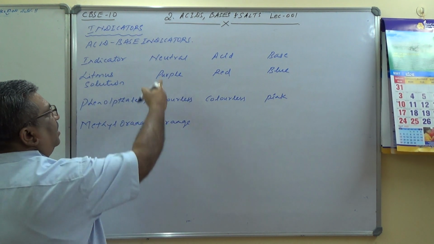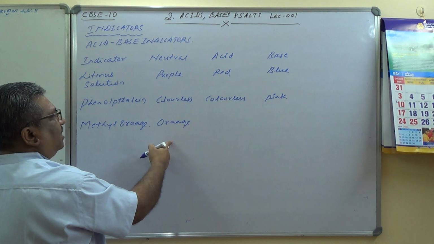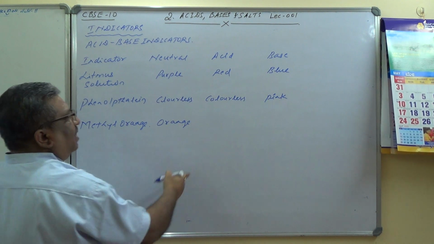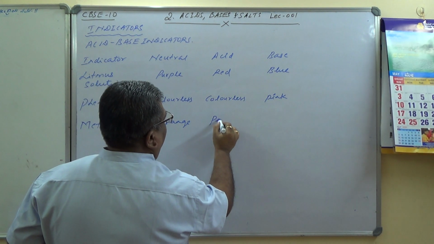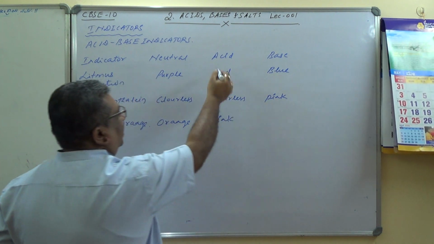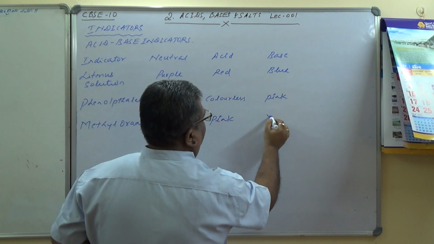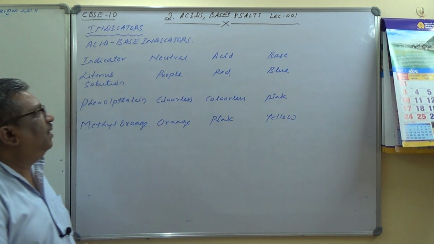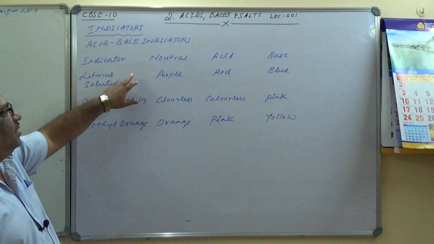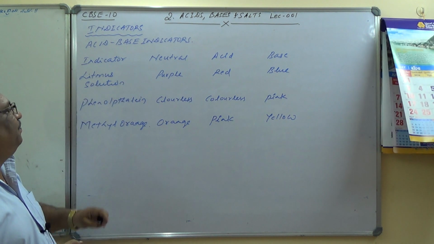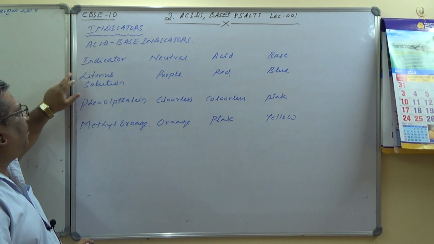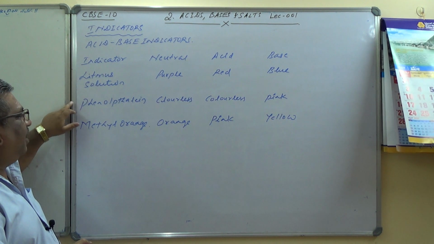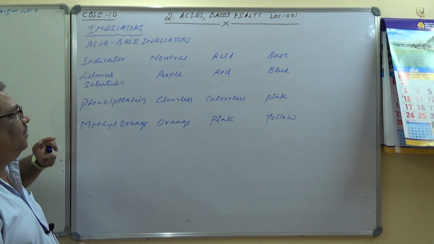Methyl orange, under neutral condition orange in color, changes to pink in acidic condition and yellow in case of base. So these are the different changes in color that we observe for litmus solution, phenolphthalein and methyl orange.